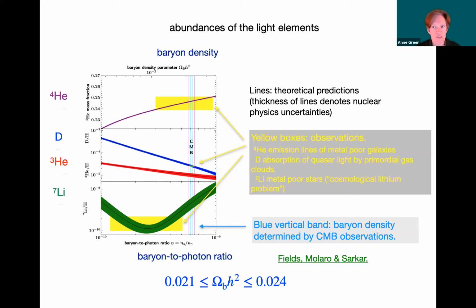I don't know enough to comment on what the source of this is, whether it's nuclear physics, whether it's a systematic in the astronomy, or whether it's telling us there's some new exotic particle physics going on. But this discrepancy is what's called the cosmological lithium problem. But the thing that's important for us is that nucleosynthesis gives us a reliable measure of the baryon density, i.e. the amount of normal baryonic matter in the universe.